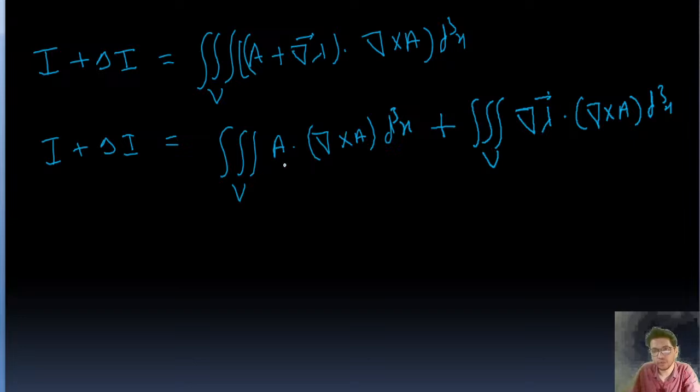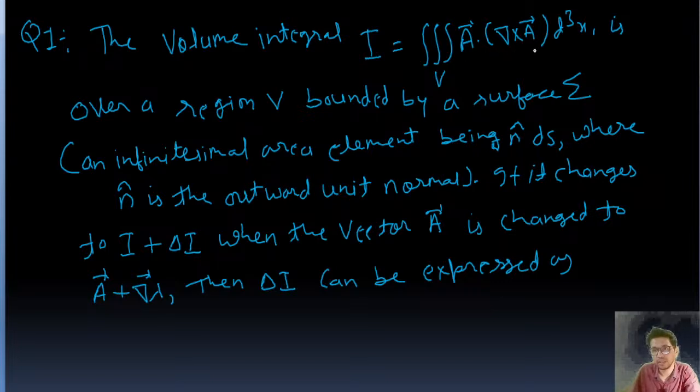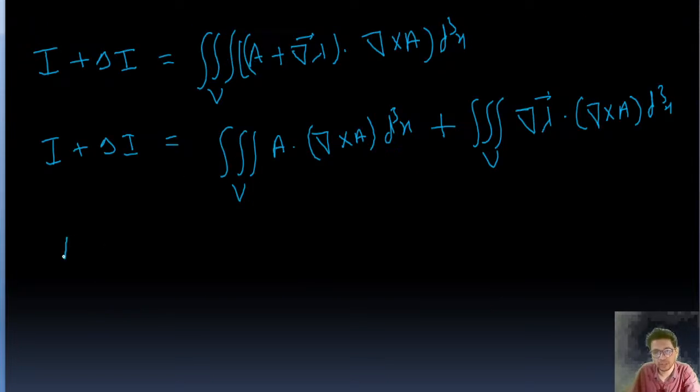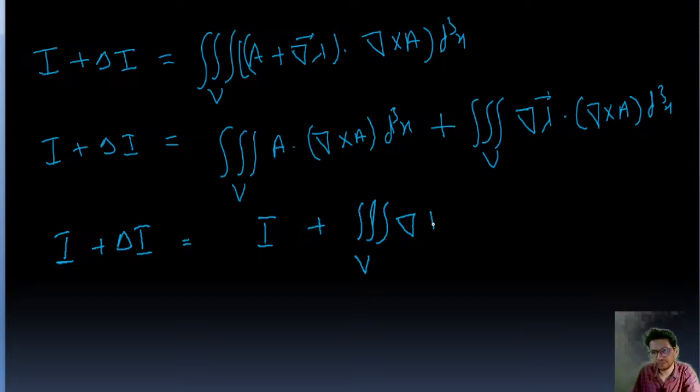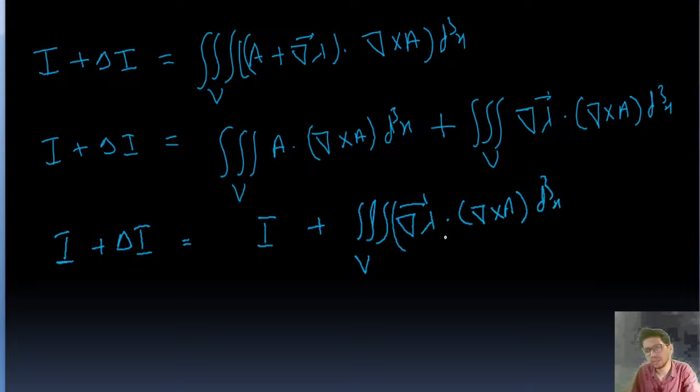Volume integration A dot del cross A d cube x is I. So we can write I plus delta I, that is going to be I plus volume integration gradient of lambda dot curl of A, or del cross A, d cube x.